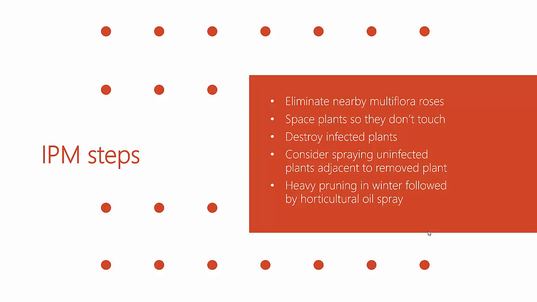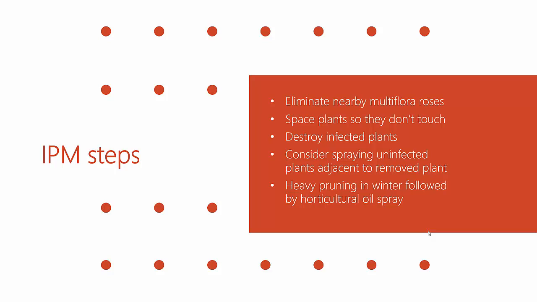Destroy your infected plants, as Greg's already mentioned. Consider spraying uninfected plants next to a removed plant. This is one possible insecticidal approach that has some possible merit. If I found a single rose in my garden bed that was the only plant showing any symptoms, I would consider treating the roses around that area for a few months, hoping that maybe I got by and the disease had not spread to adjacent plants.